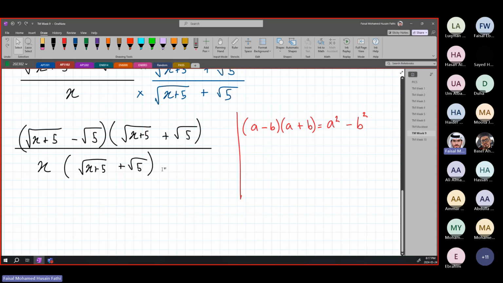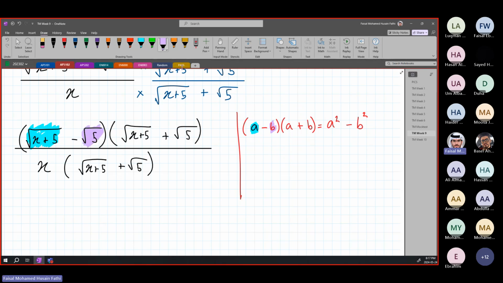case of limits. In this case, if we're looking at our a value, all right, I'm going to highlight by blue, the a value, our a is square root x plus 5. Okay, this is our a in this case. Our b, if I'm going to highlight our b over here, our b is the square root of 5.